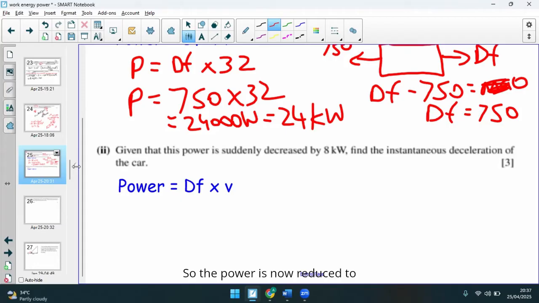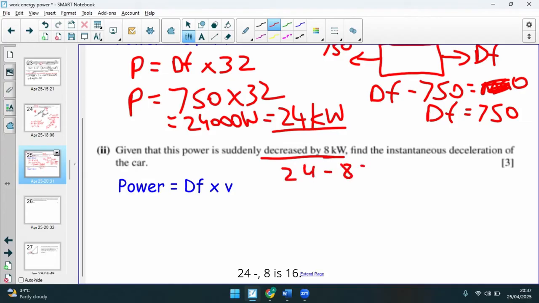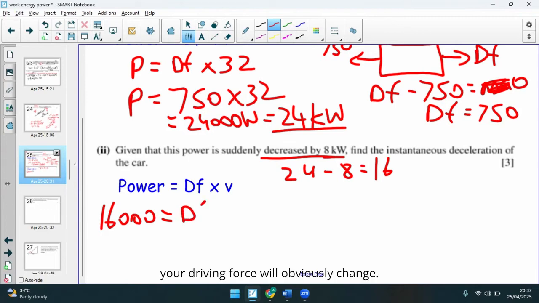Going to part II. The power is now reduced. How much was it before? It was 24. Now it's reduced by 8. So 24 minus 8 is 16. So the power is now 16,000. Your driving force will obviously change, and your velocity was 32.